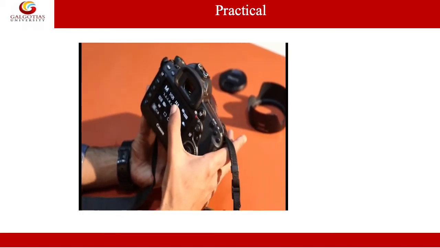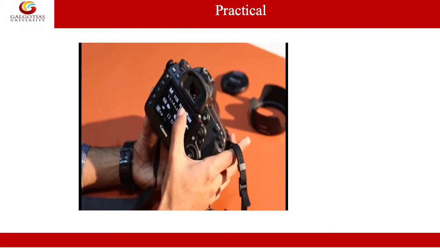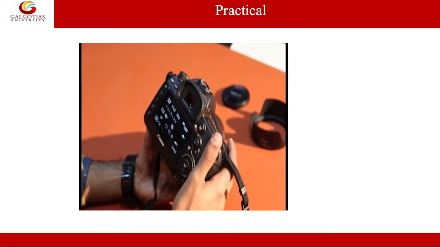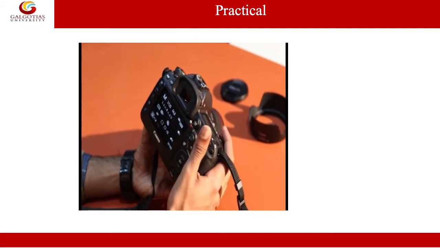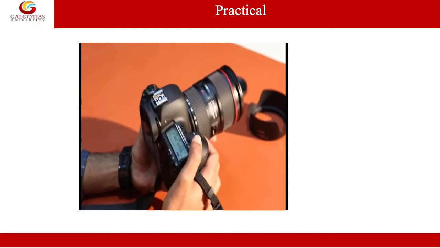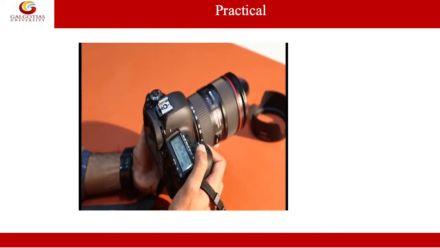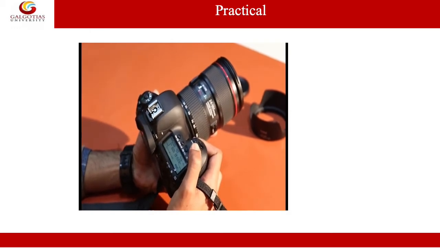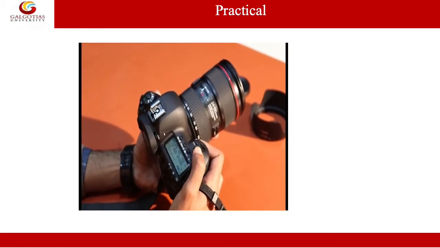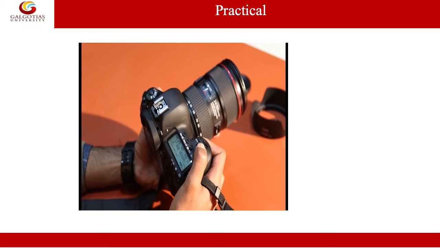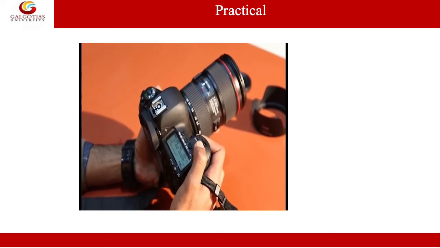First thing we need to adjust is the shutter speed, this 1/125. In order to increase or decrease the shutter speed in a DSLR, we have this wheel which adjusts the shutter speed. If you go from right to left, it will decrease the shutter speed.